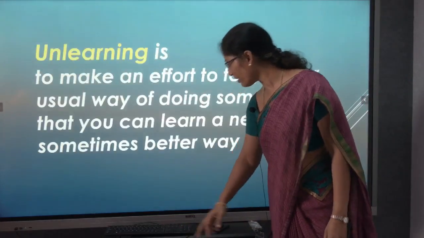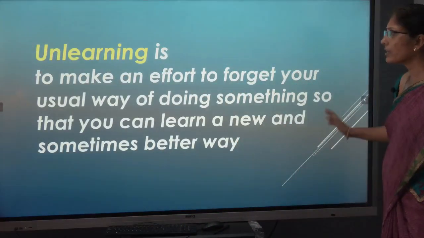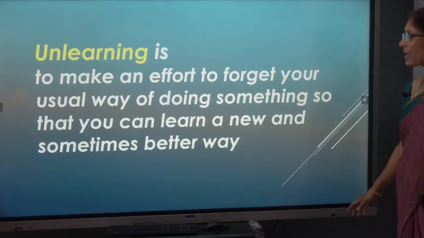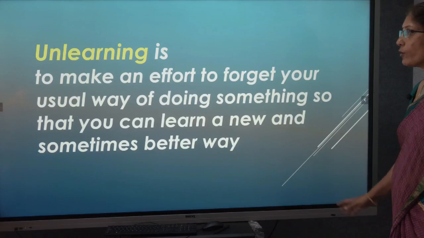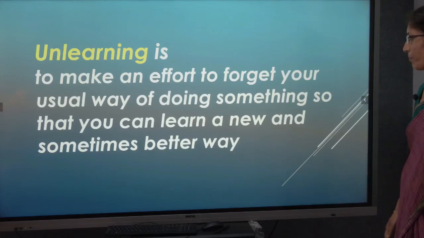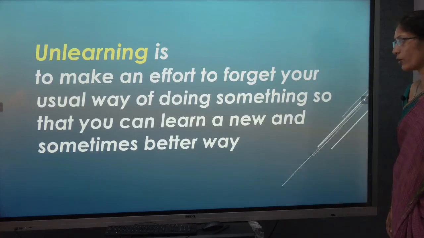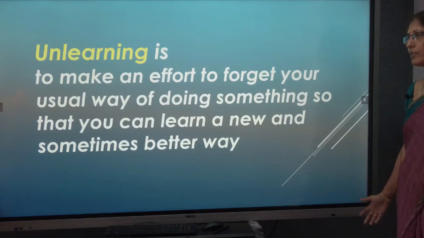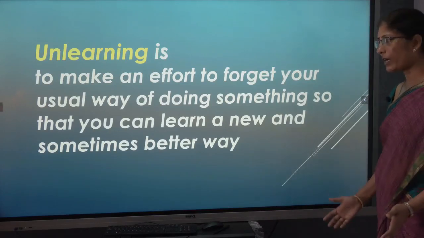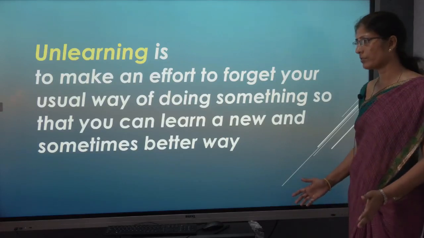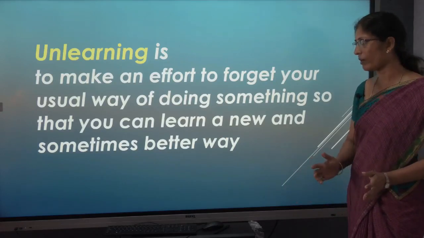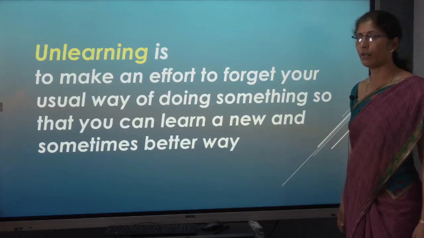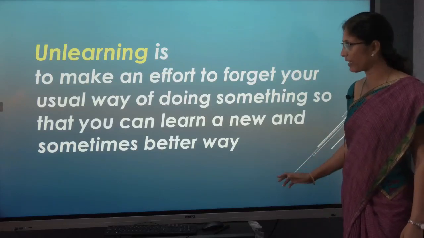As per the dictionary, unlearning means to make an effort to forget your usual way of doing something so that you can learn a new and sometimes better way. That means we have already learnt, but now we unlearn that, relearn it and then make it better. That is the concept of unlearn.